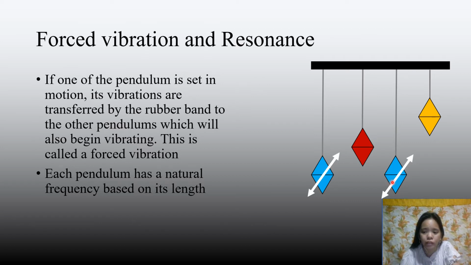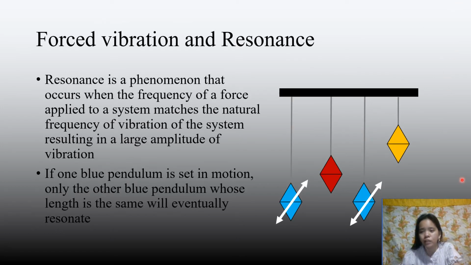If one of the pendulums is set in motion, its vibration can be transferred by the rubber band to the other pendulum. So now resonance is the phenomenon where the frequency of a force being applied to a system matches the natural frequency of the vibrating system. This causes a larger amplitude of vibration.